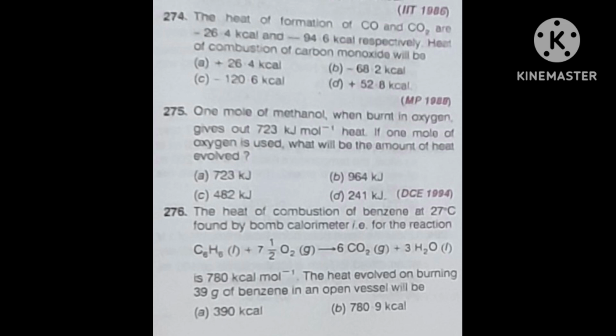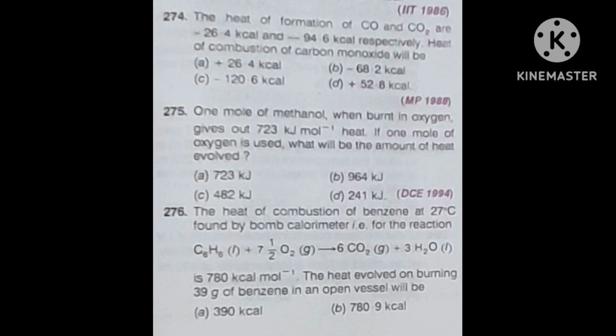Both you just add: 2 into the given CO2 value plus 3 into the water value. After that you write minus reactant. For C2H6 you write the C2H6 value. And for oxygen, that value will be 0, because oxygen is in its standard state and its value is not given.